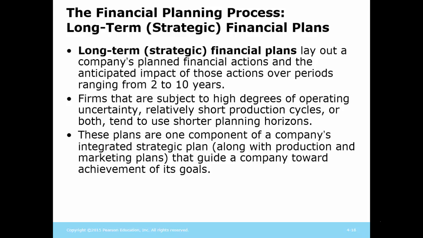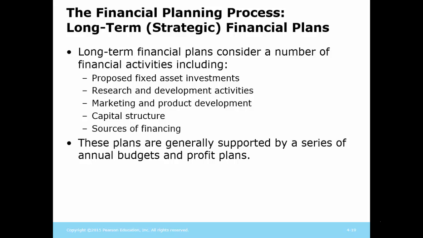So on the long-term side, we're talking about a 2 to 10 year window. We're really focusing primarily on the changing needs of assets in general. What kind of plant and equipment is going to be needed to function as a company moving forward, given the forecasts of income and the potential changes in expenses?